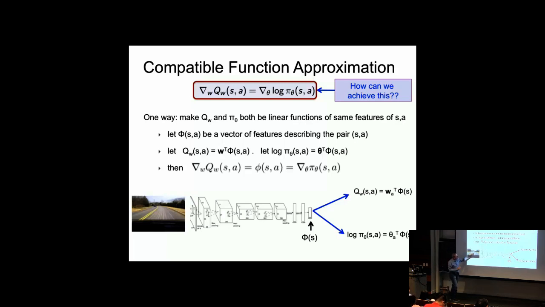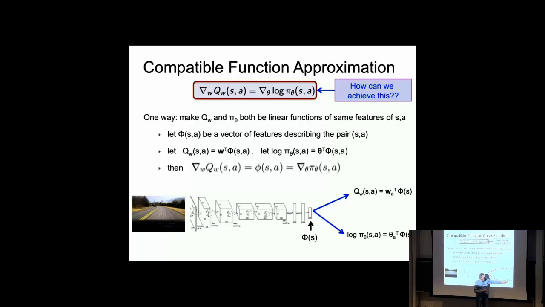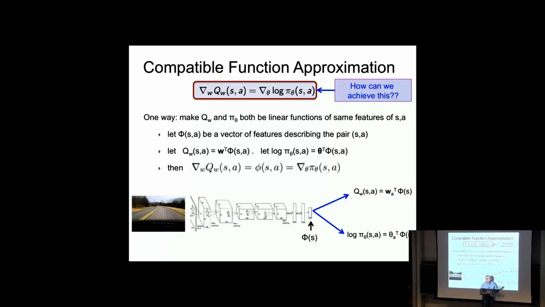In that case, this is some d-dimensional feature vector describing the input scene. And if I want, for example, for my three possible actions to learn a different weight vector, that's fine. And similarly, a different policy vector to assign a log probability to each, that's fine.